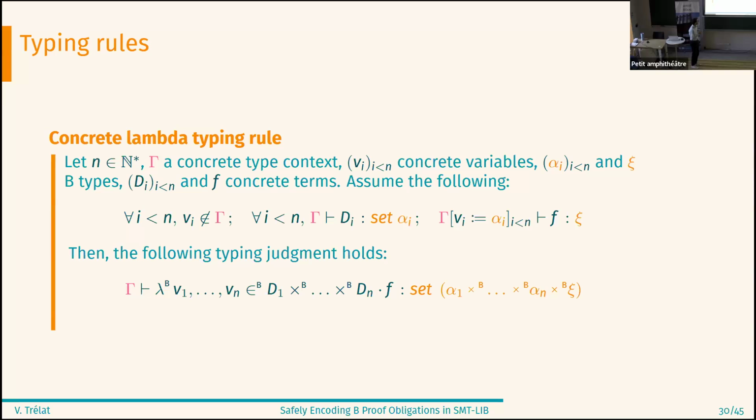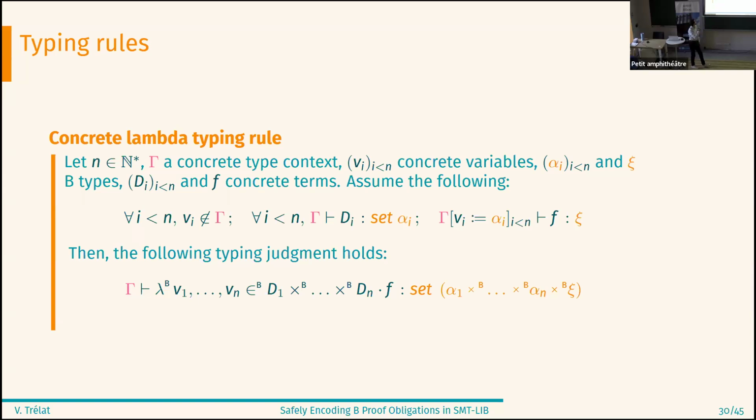All the domains should have the proper type, so they are pairwise in the corresponding type. So the idea is vi will have type alpha i, but vi has to be in the domain di, so di has to have type set of alpha i, right? This is what it's telling. And gamma, in which we add all the vi alpha i, should type f with type psi.